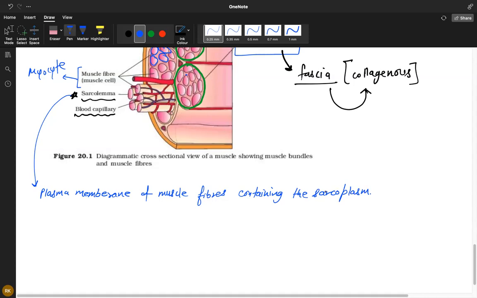Just like cytoplasm is inside the cell and nucleoplasm is inside the nucleus, because this is covered by sarcolemma, it is called sarcoplasm. Is it clear, everyone? Thumbs up if it's clear. And this sarcoplasm is multinucleated. What does this mean?